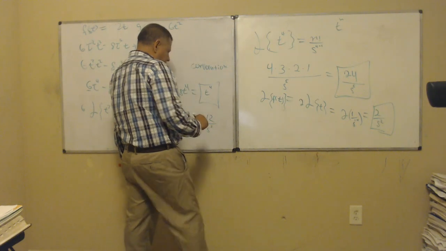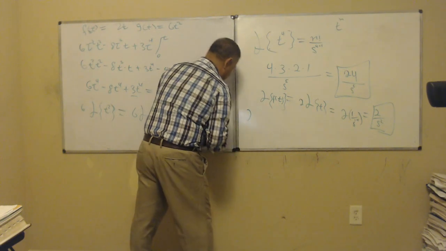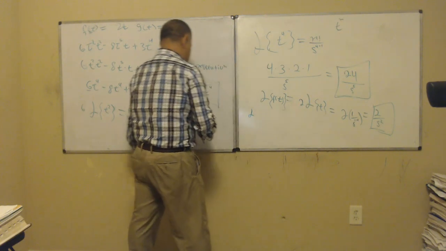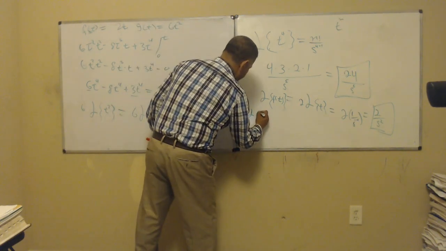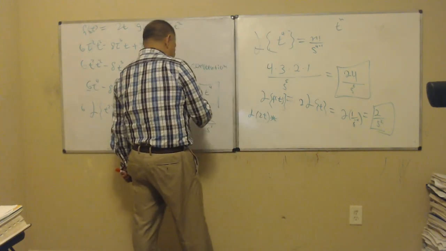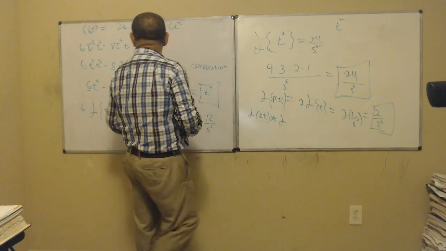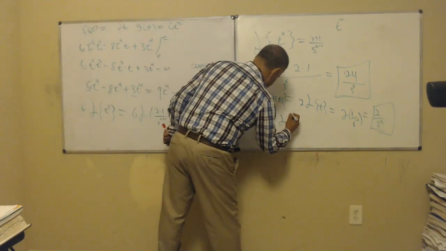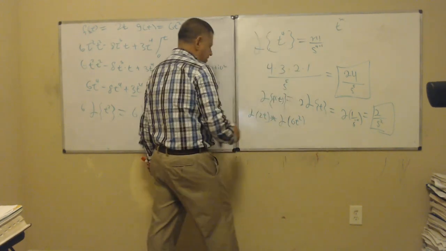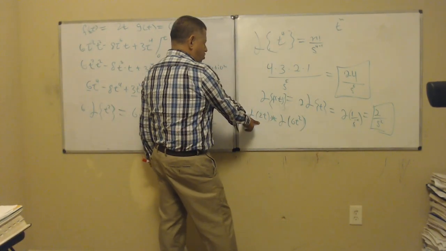Okay, so let's multiply those two Laplace transforms together. The Laplace transform of 2t multiplying the Laplace transform of 6 t squared. So what do we get?